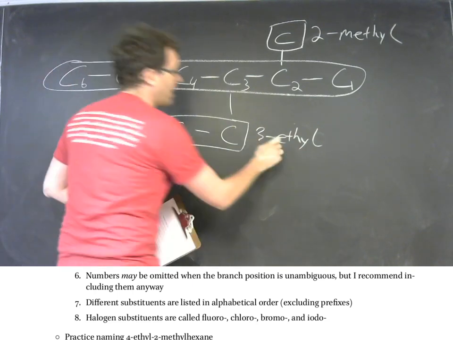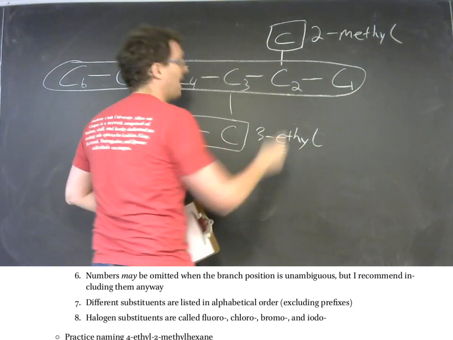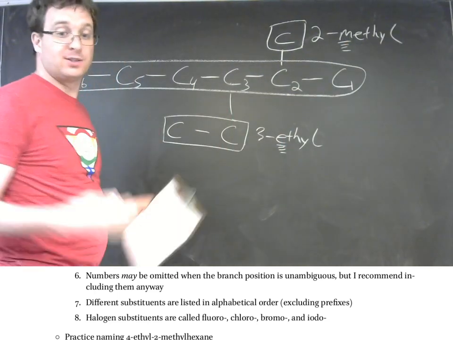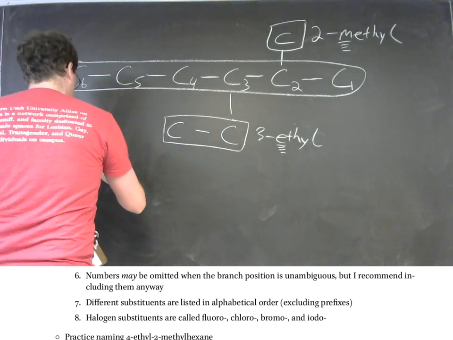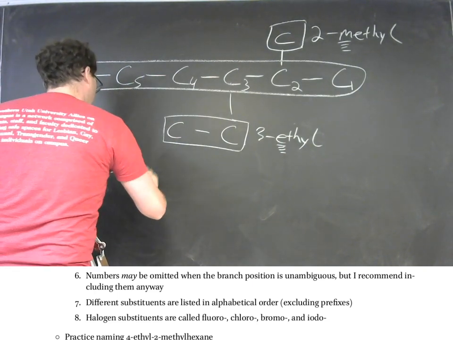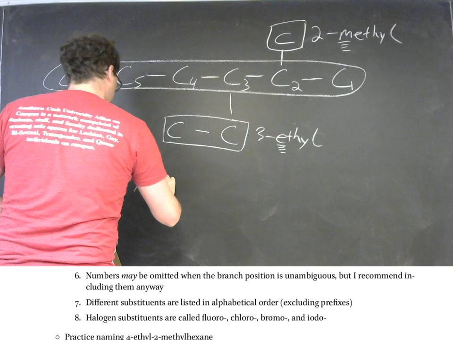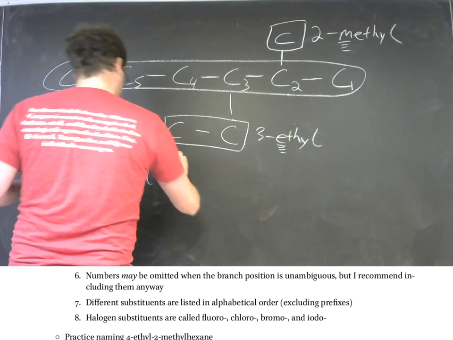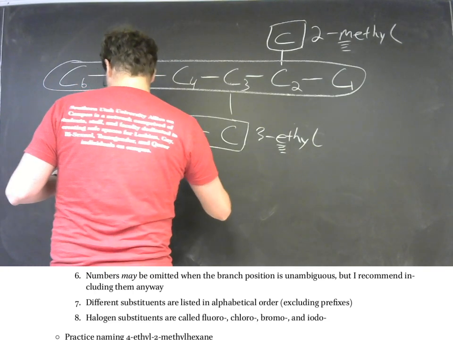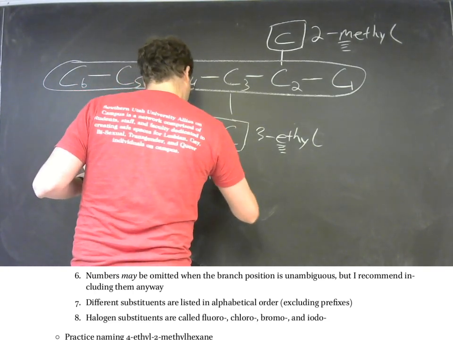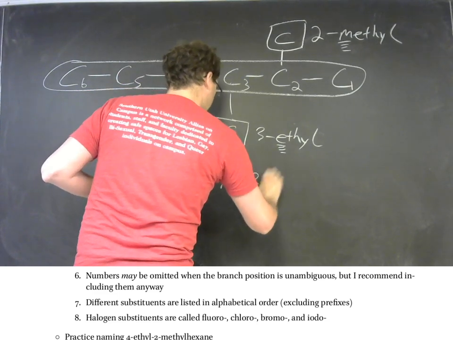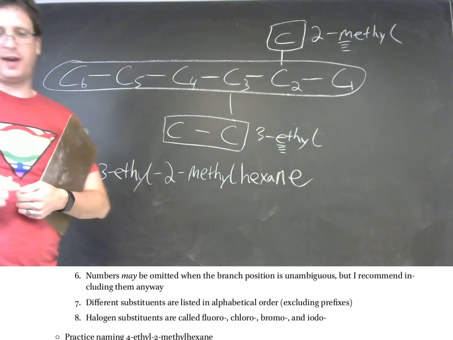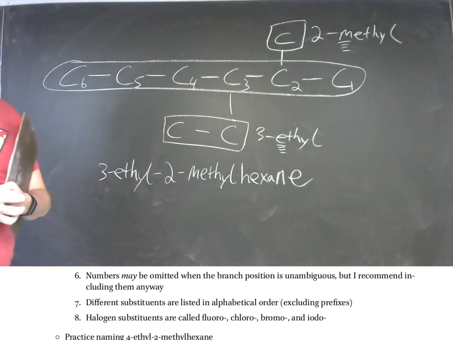What we're looking at is alphabetical order for that E and that M. And so E comes before M. That means it's going to be 3-ethyl 2-methyl hexane. How about that? 3-ethyl 2-methyl hexane is the name of that compound.